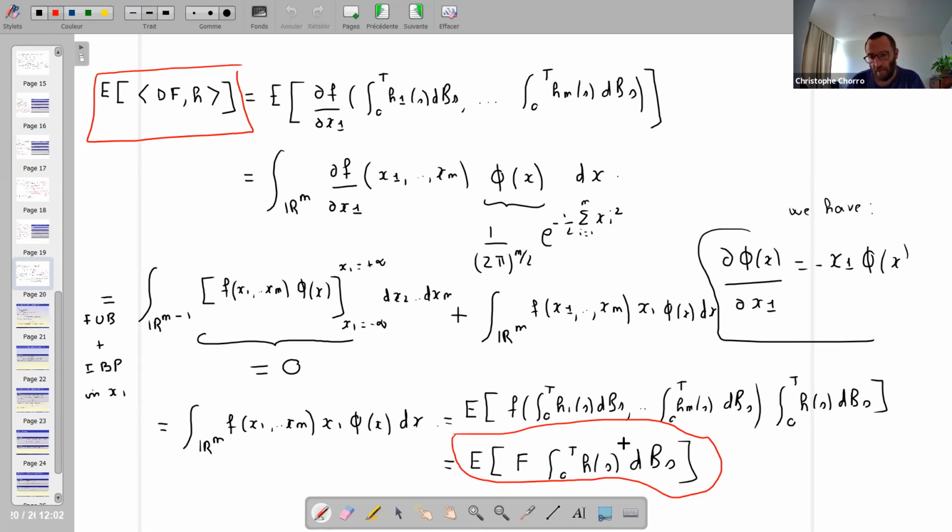And if you have in mind what I have done in the second course, where I have obtained some weights for the computation of Greeks in the Black-Scholes model, it's exactly what I have done. The Greeks were obtained in the Black-Scholes model doing integration by parts with respect to the density of a Gaussian distribution. And here, in fact, it's exactly what I do. Okay?